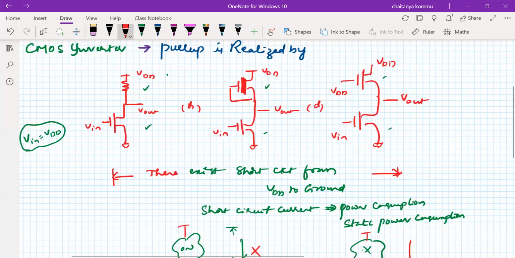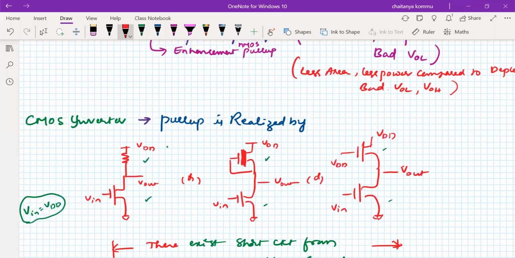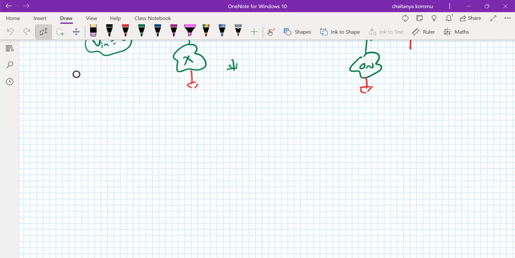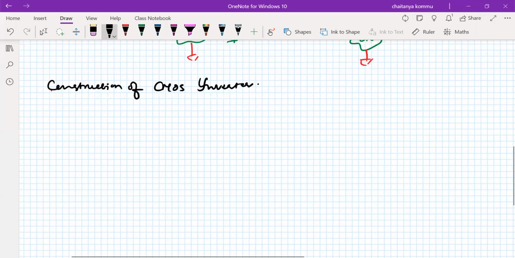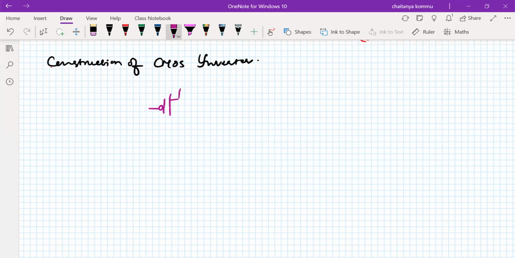In a CMOS inverter, the pull-up network must be realized by a PMOS transistor, not a resistor, or depletion and enhancement type transistors, right? So let us look at reconstruction of the CMOS inverter. We consider a PMOS transistor, something like this.